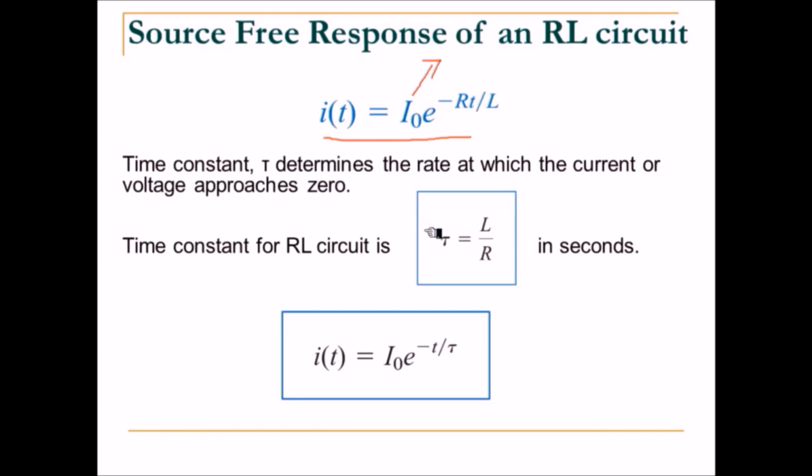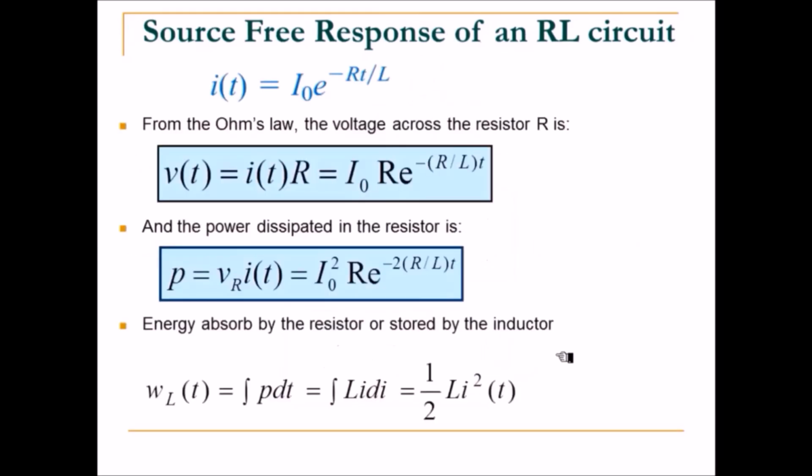We can define a new constant called time constant for RL circuit as tau is equal to L by R. So we are defining the additional parameter called a time constant. It's nothing but L by R. Substituting tau in the equation, we get i of t is equal to I0 into e power minus t divided by tau.